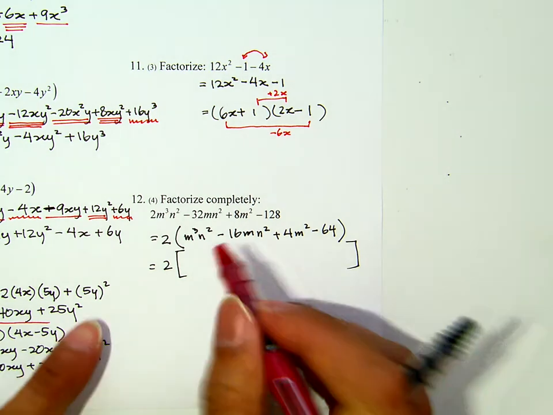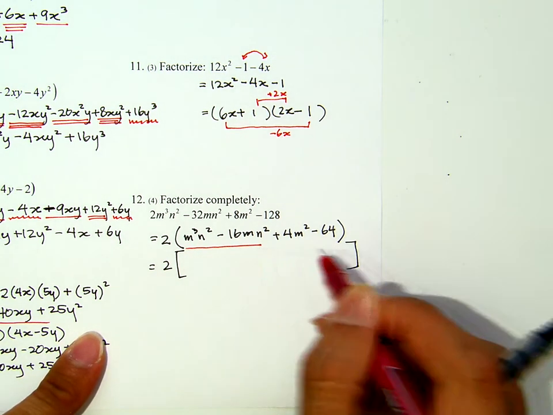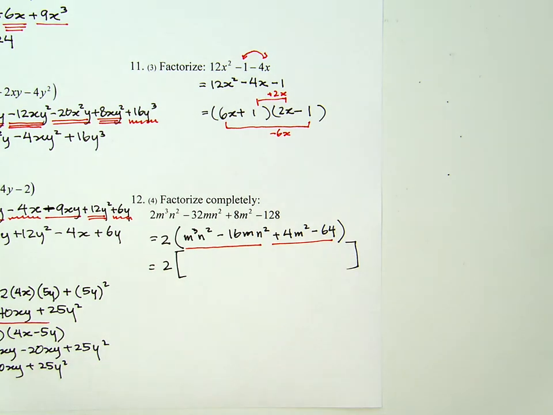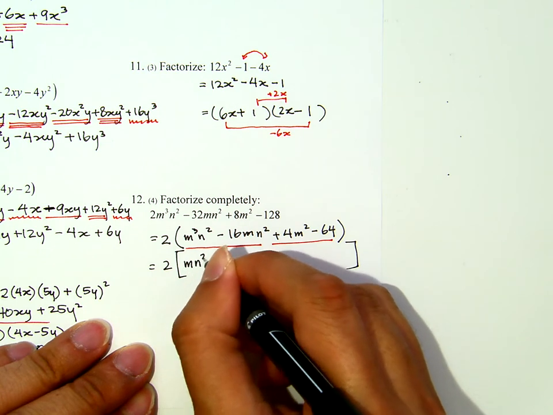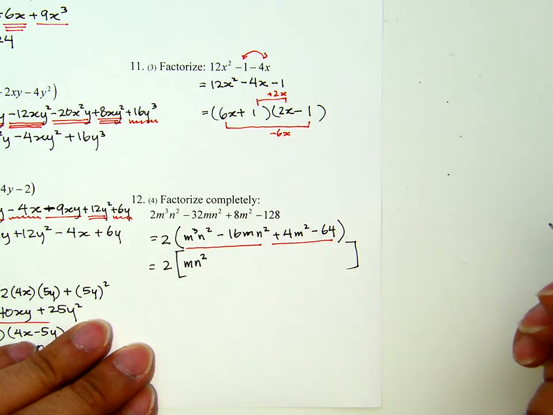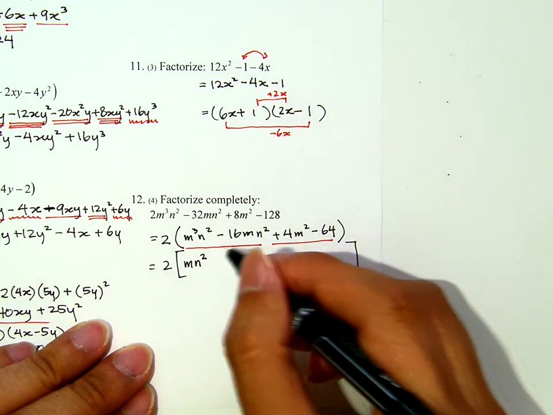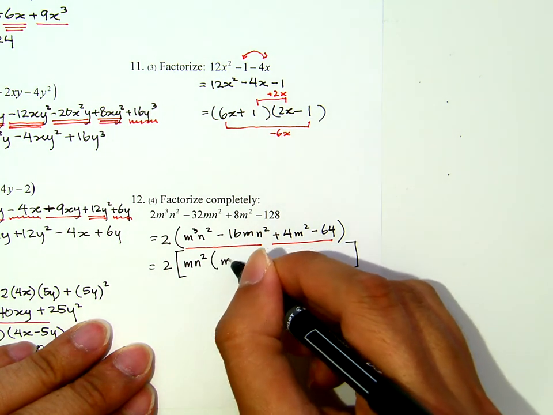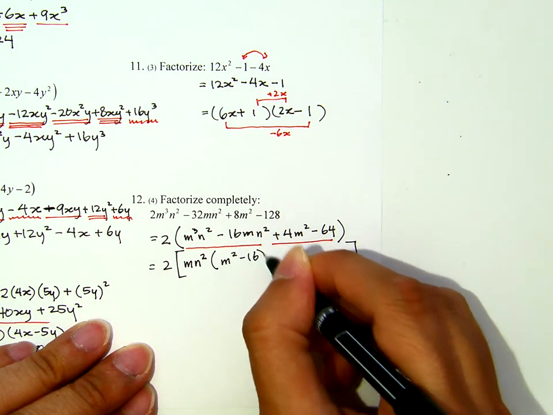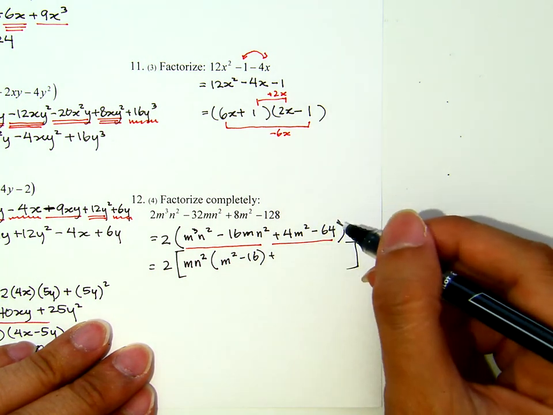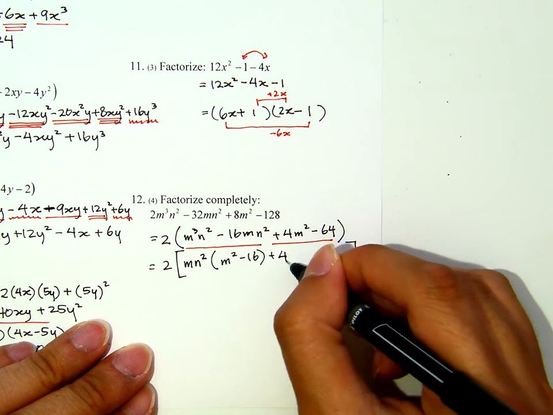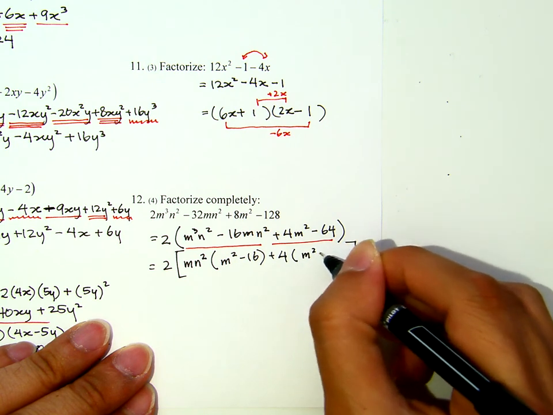I will group the one here and the one here. Now notice that in the first grouping I have common factor m n squared, and then the one left inside will be m squared minus 16. Plus, in the second grouping here I have common factor 4, and inside I will have m squared minus 16.